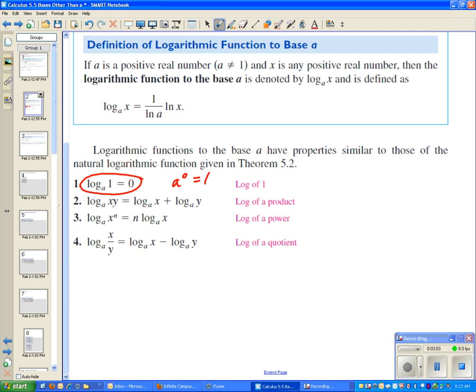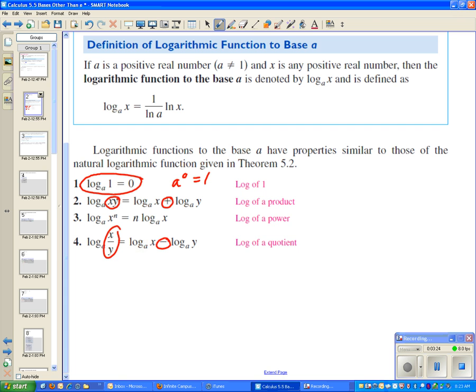Since when you multiply factors with the same base, you add the exponents, when you have two things multiplied together, you can make it the sum of the logarithms. When they're divided, you make it the difference of the logarithms. See how it's the same idea as the exponent properties?